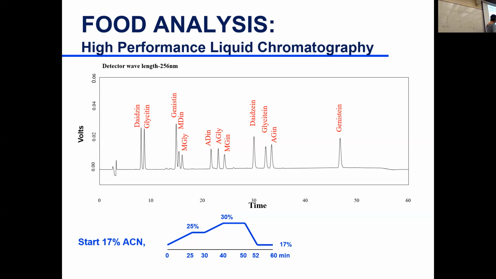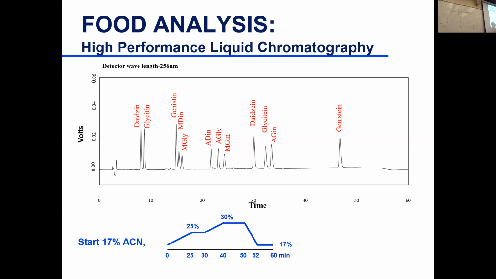So I start with 17% acetonitrile. Then over the first 25 minutes, I go from 17 to 25. Then over the next 5 minutes, keep it at 25. Then from 30 to 40, I increase to 30% acetonitrile.